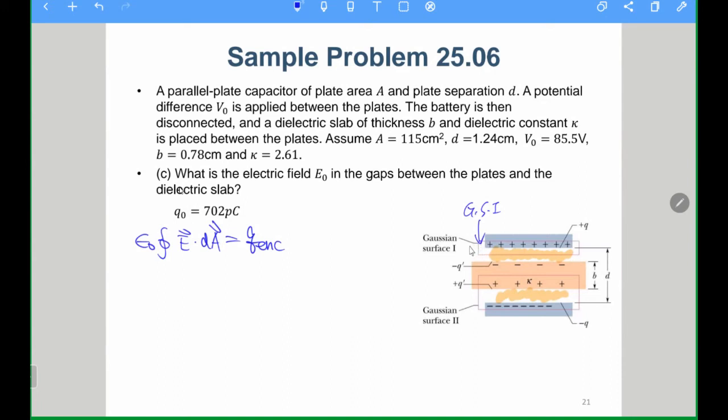Perpendicular to the dA. So only this side contributes to the net flux.